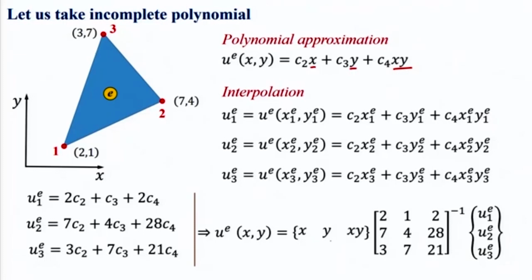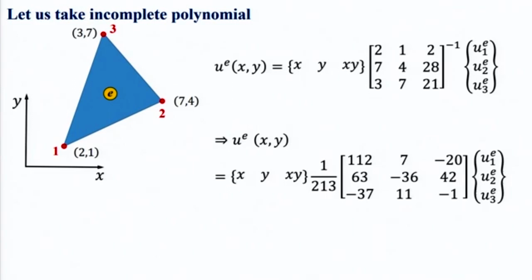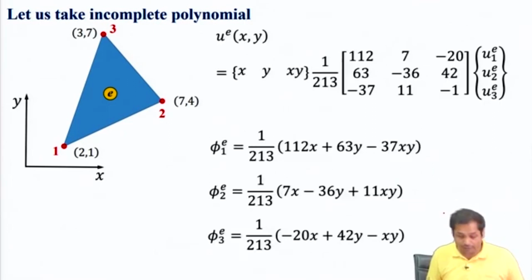Then if we invert it, we get something like this, and from there we get our shape functions. This is for node 1, this is node 2, node 3. Let's see the properties of the shape functions.